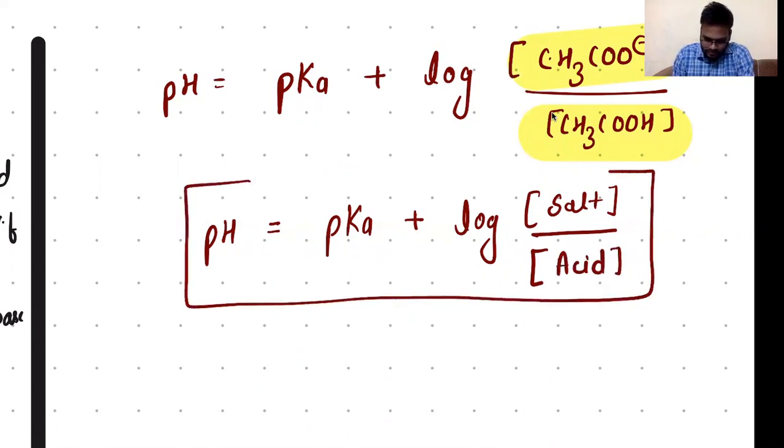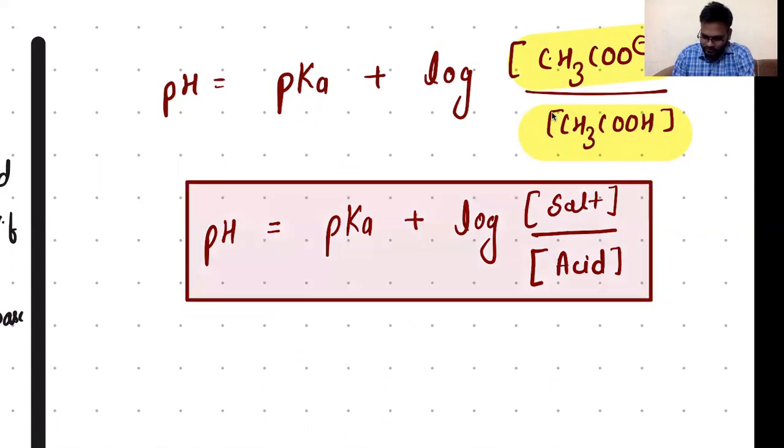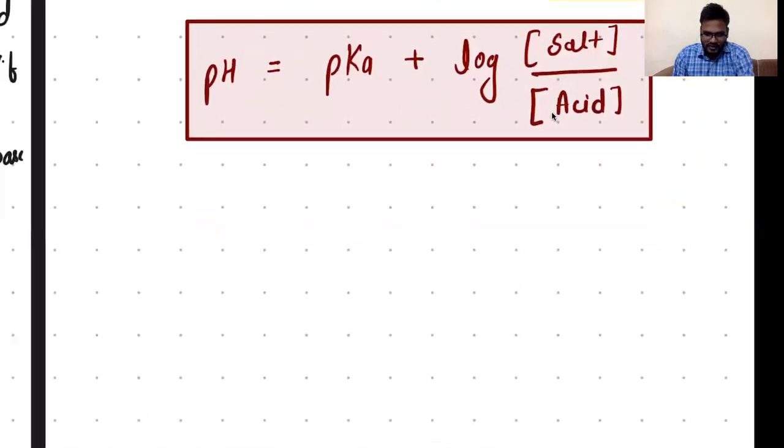This is a general formula which can be applied on any given acidic buffer solution. Just keep in mind that the concentration of salt used in this formula is not actually the concentration of salt.